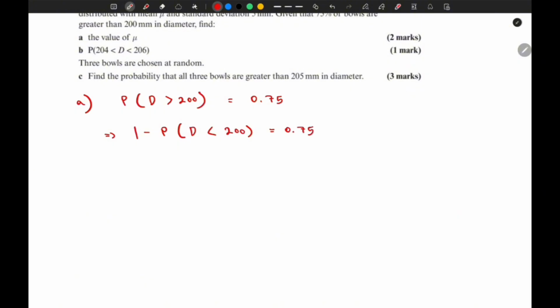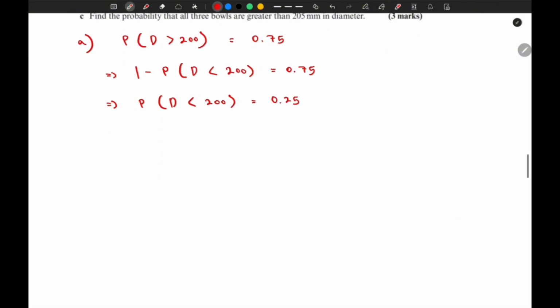So this can be written as 1 minus probability of t less than 200 equals 0.75. So overall, this gives us a value of 0.25. And now we need to convert this value of t into z. So we can replace this with z is less than 200 minus the mean value divided by the standard deviation.